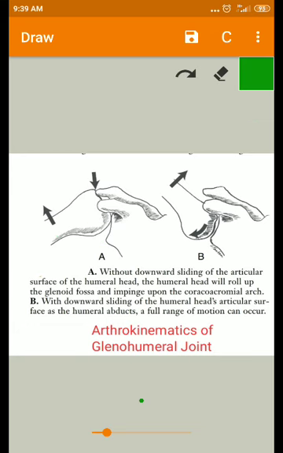That means these two surfaces should be in contact during the movement. The last two are necessary for the dynamic stability requirements of the glenohumeral joint, which are effectively performed. What are the last two?